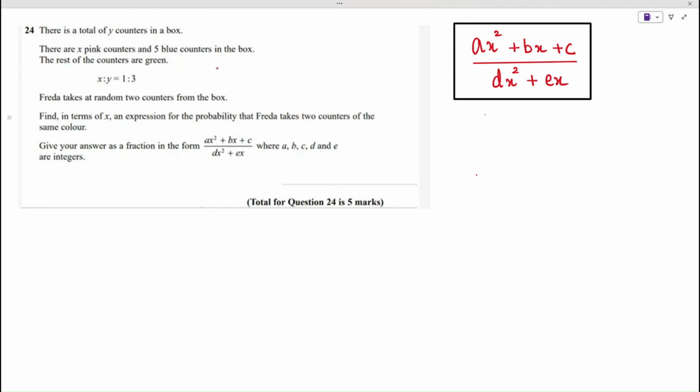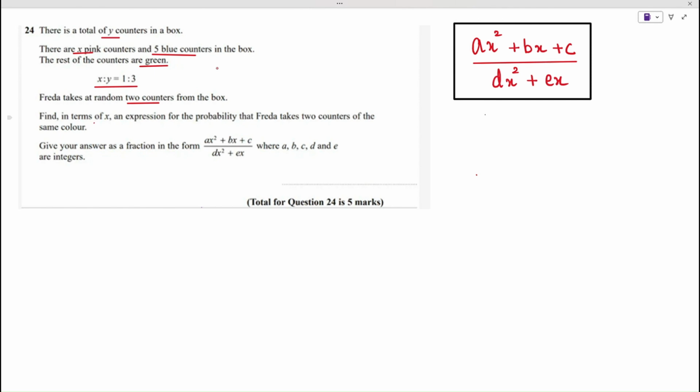There is a total of Y counters in the box. There are X pink counters and 5 blue counters in the box. The rest of the counters are green. The ratio of X to Y is equal to 1 to 3. Frida takes at random 2 counters from the box.